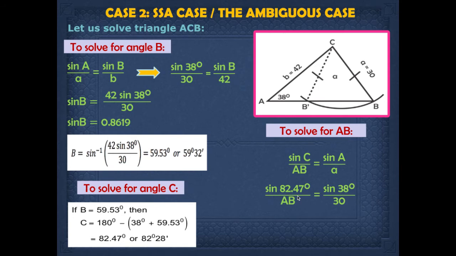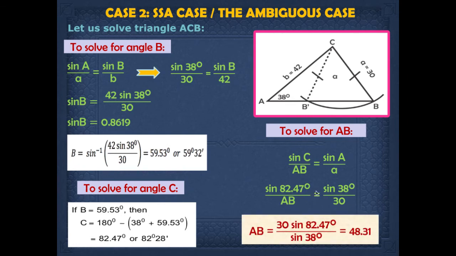Sine 82.47 degrees over AB equals sine 38 degrees over 30. By cross multiplication and dividing both sides by sine 38 degrees, we will have AB equals 30 times sine 82.47 degrees all over sine 38 degrees. And that will give us a value of 48.31.